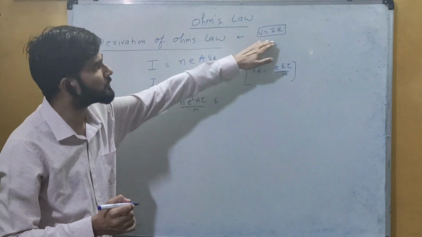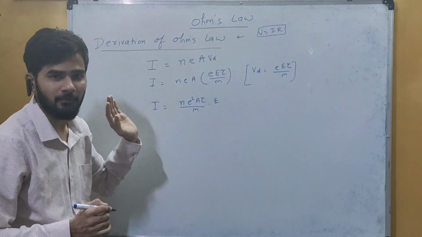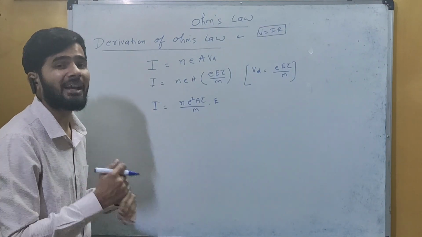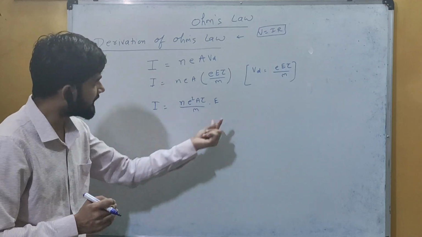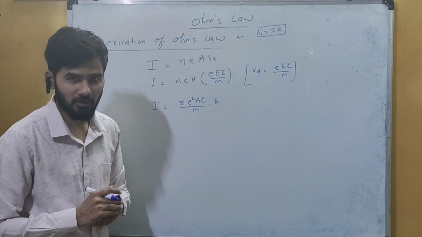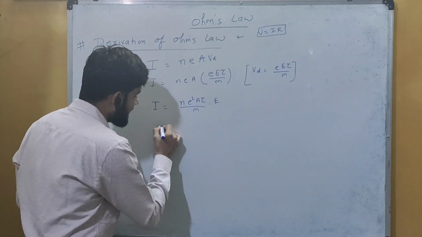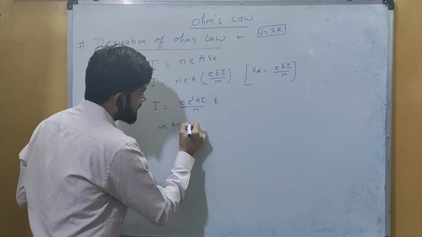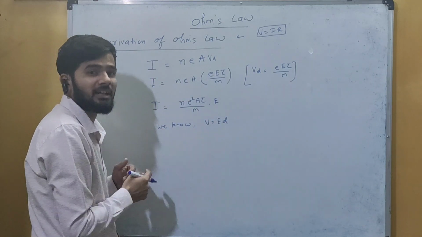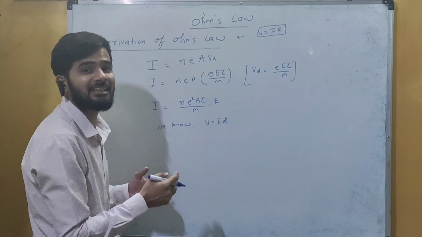Now in Ohm's law I want I and V. Here I have I, but I don't have the potential V. So how can I write the potential? We know that the electric field can be related to the potential. We know that V is equal to Ed, where d is the length of the conductor, V is the potential, and E is the electric field.